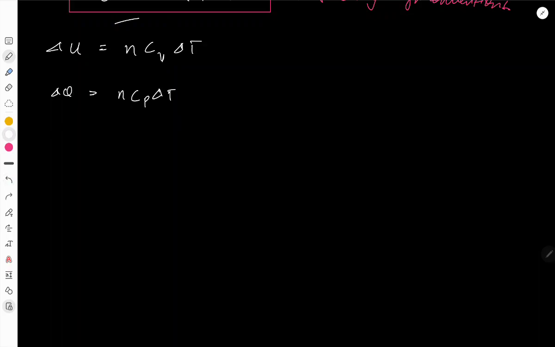Let us understand that. So we know generally that heat is equal to m s delta T, which is the mass of the substance times the specific heat capacity times the change in temperature. So similarly, we have got these two formulas.